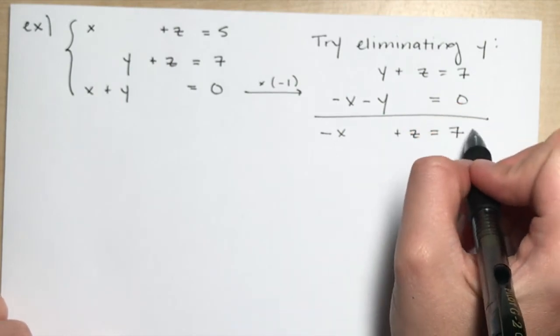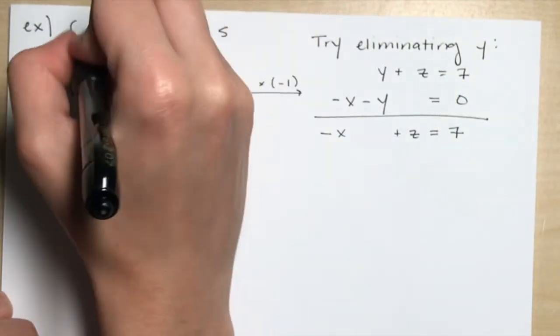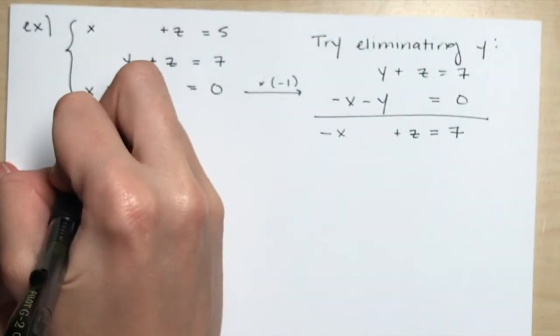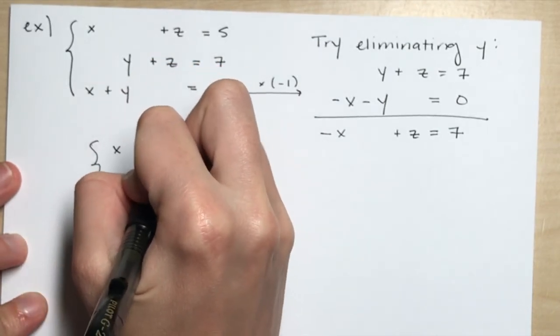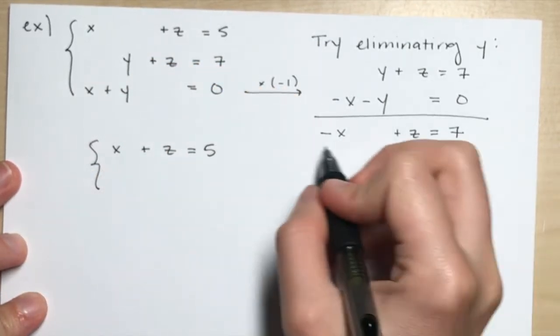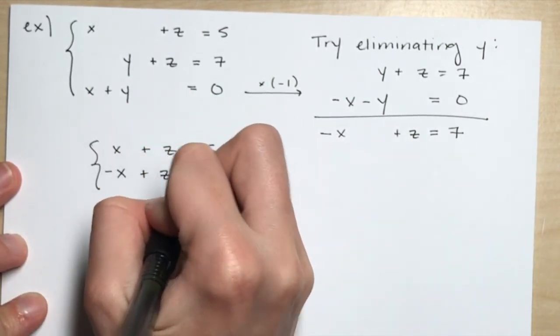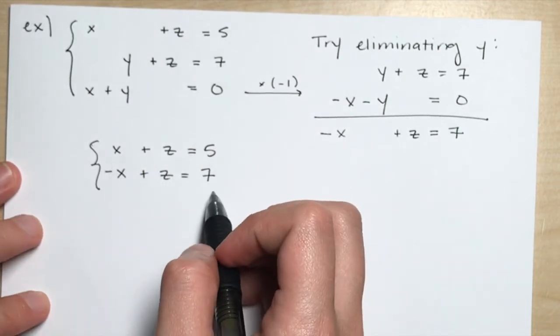Now we have this equation with two variables, x and z, and this equation with two variables, x and z. So we gather those together. We gather this one as well. And we solve this guy.